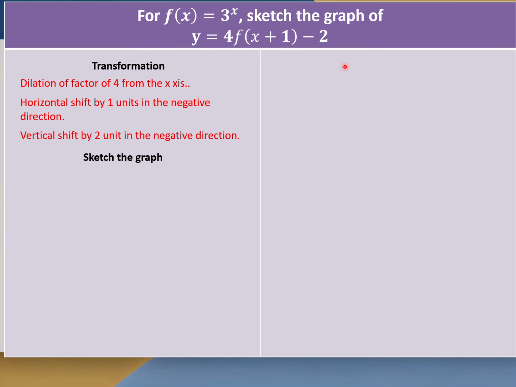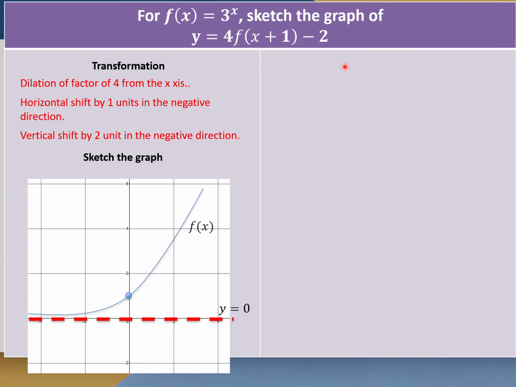Now, the next part when we're graphing is I just want to go back to what is the basic graph. We've got our basic graph right here of f of x. It is going through here where x is 0, y is 1. We always apply our dilation first, which means the first thing I'll be doing is going, well, what's 1 times 4? 4.